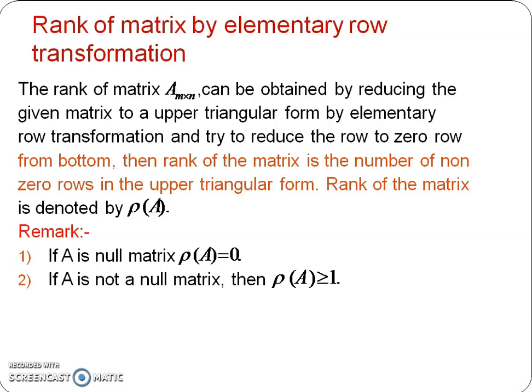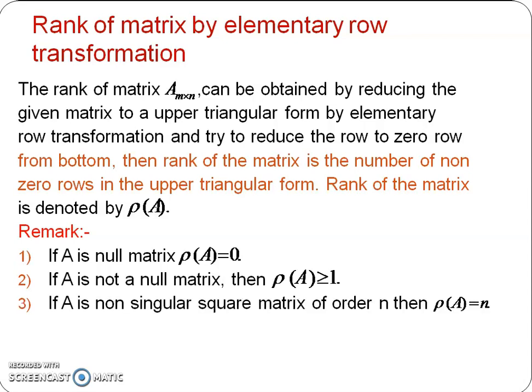That means if the matrix contains any non-zero element, then the rank of that matrix is greater than or equal to 1. If A is a non-singular square matrix of order n, then rank of A is equal to n. That means if A is a singular matrix, then rank is definitely less than n.